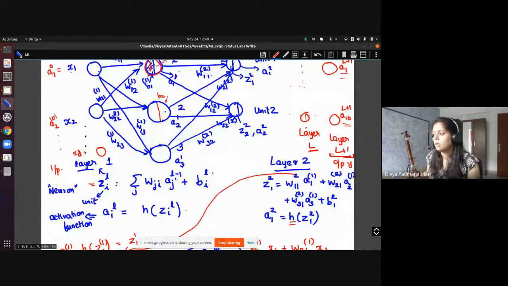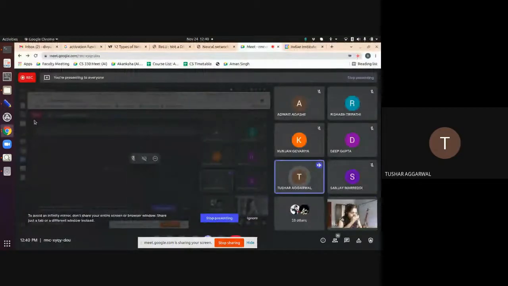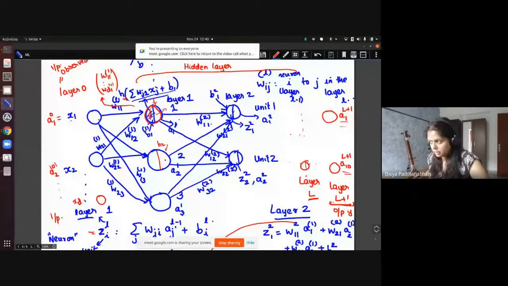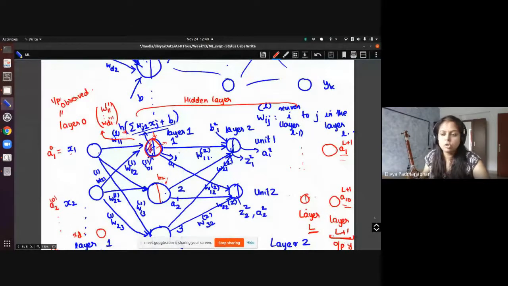Excuse me, ma'am. Here, X1 will contain the first feature of all the training points? So what we are writing here is a general model. X1 is just used to denote the first feature value. It is actually just a single number, a real number.